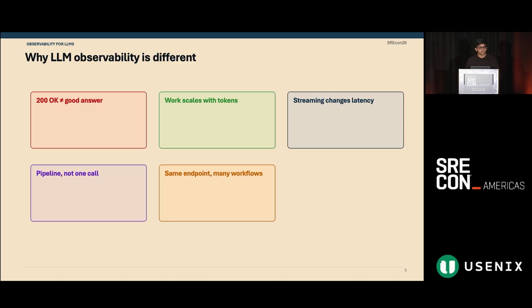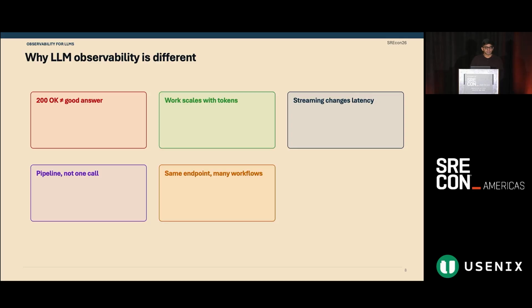Fourth, it's a complex pipeline, as we went through earlier. These are long chains of calls, and not a few API calls like we used to have in conventional applications. And lastly, the same endpoint can trigger many different workflows.